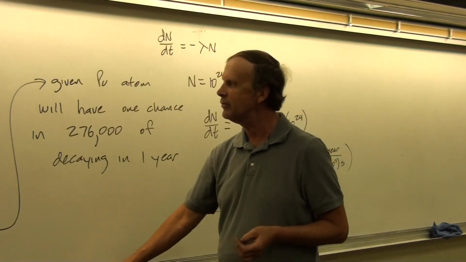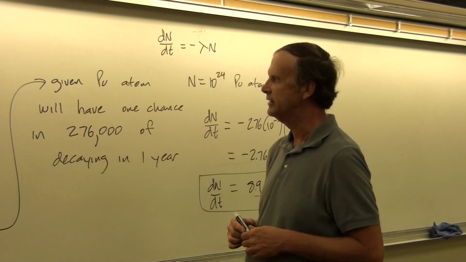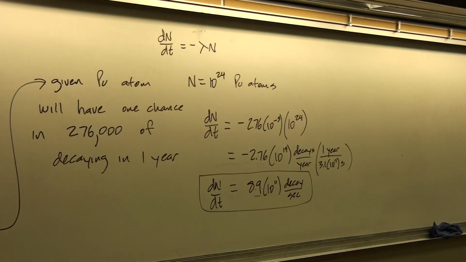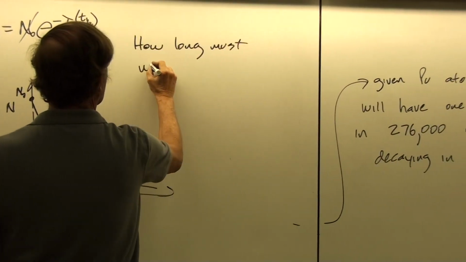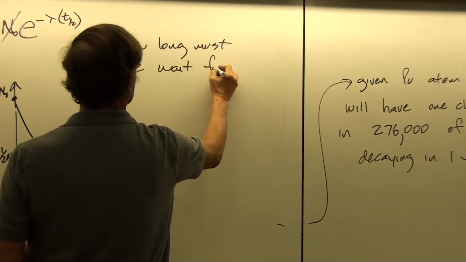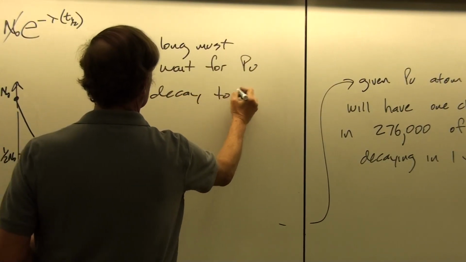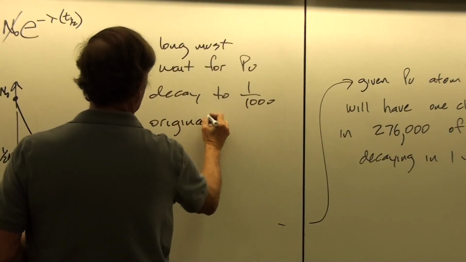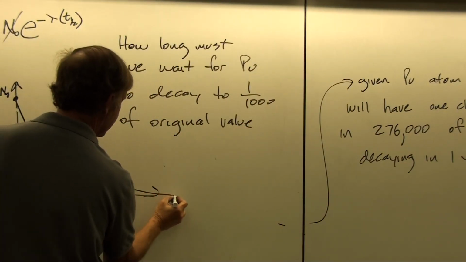We might also ask here, well, if it's this toxic, then how long do we have to wait for it to decay to a safe value? Let's say 1/1000th of its original value. So it's going to be way down here somewhere on this decay curve.